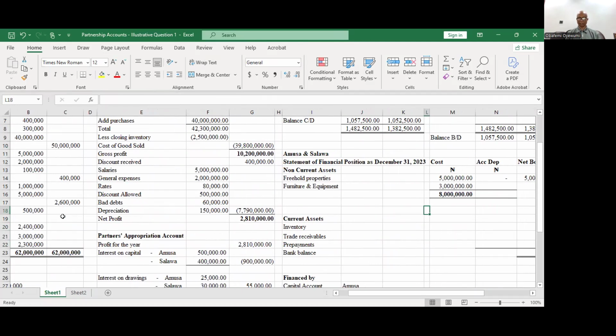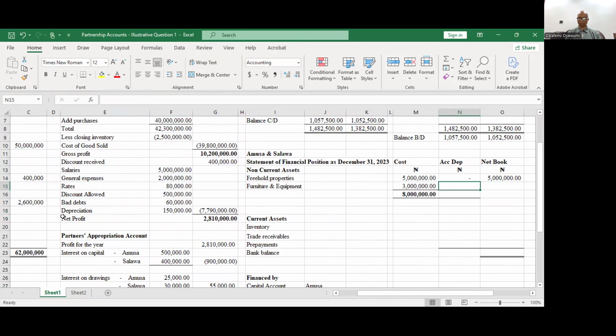So that means depreciation will be how much now? 600,000 plus 150,000, that's 750,000. That's what we got.